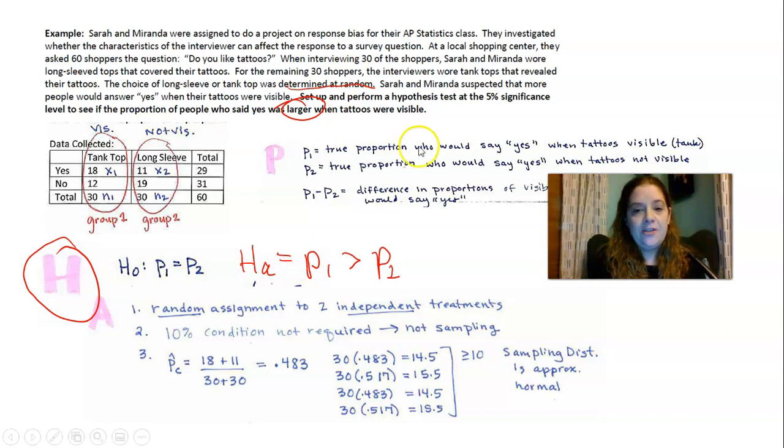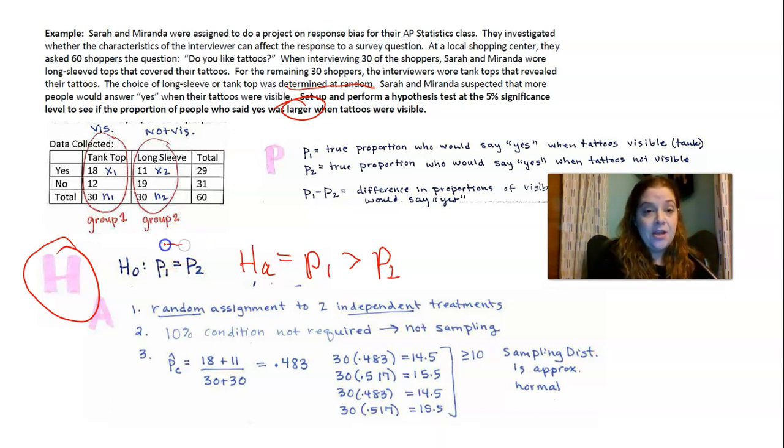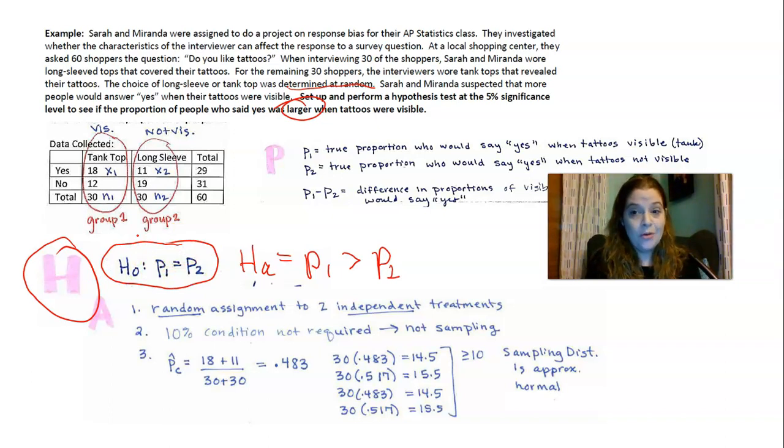Now the other thing we need to check is that the sampling distribution is approximately normal. And remember, we're going to check that using the expected counts. Since we are working in a hypothesis test, we do not know what the population proportions are. We're just going to assume, for the sake of this problem, that they are the same. So for the best guess for these two numbers, instead of using the p-hat values individually, the best guess would be to use this p-hat combined.